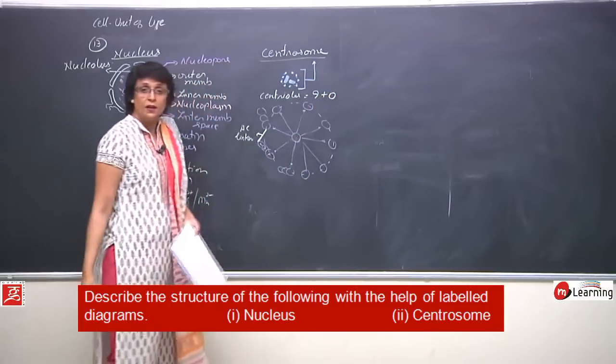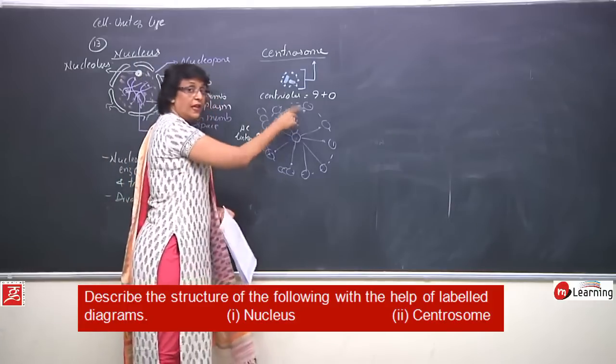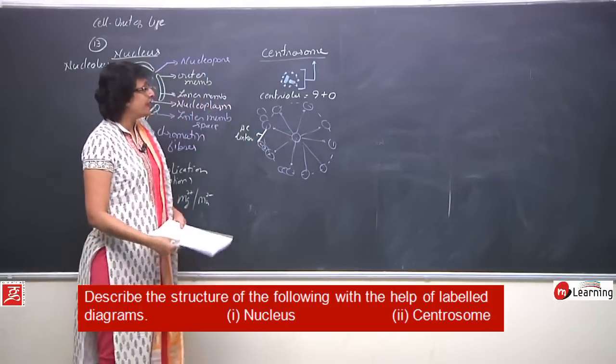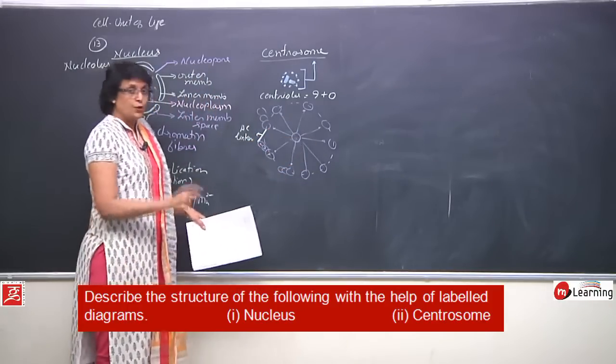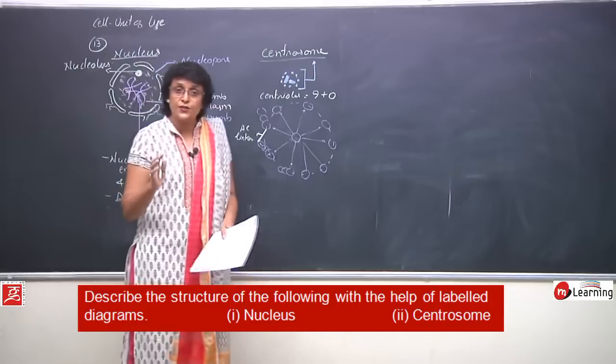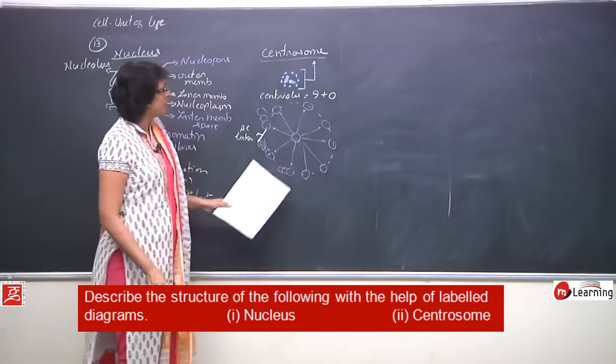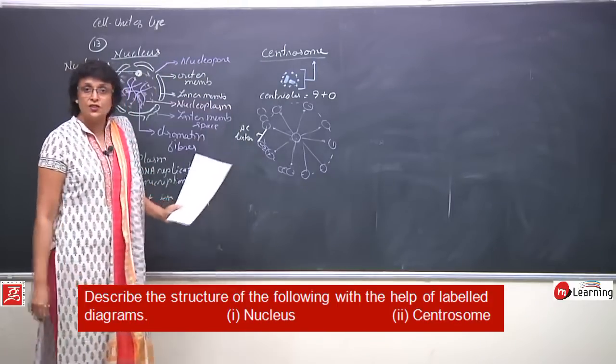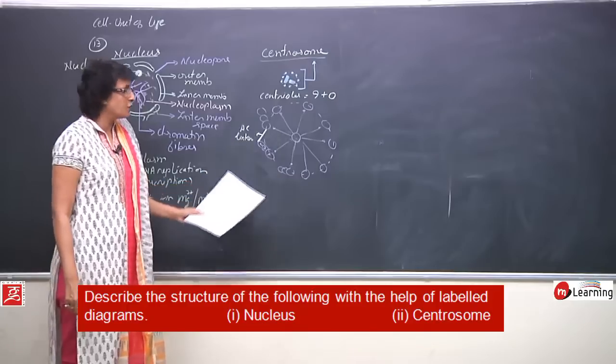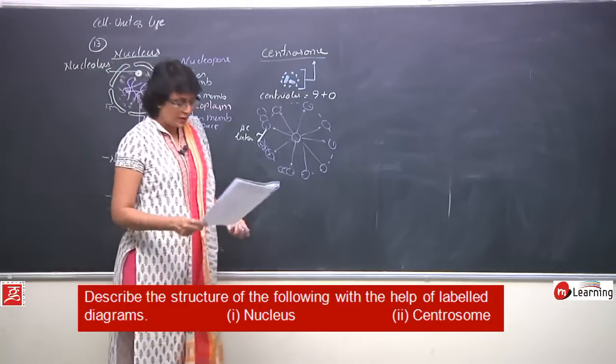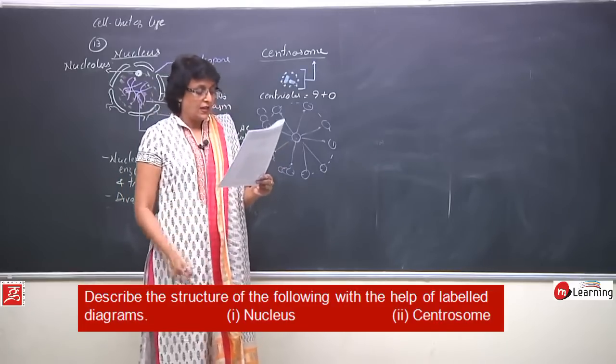There is nothing in the middle; the tubules are only in the peripheral part, and there are 9 of them. So go through that detailed structure, and we have to draw it. Here basically the structures are asked, and on that basis we have to describe them.